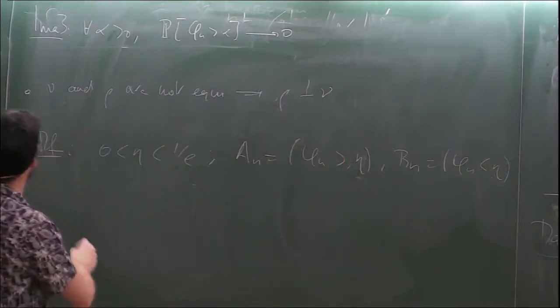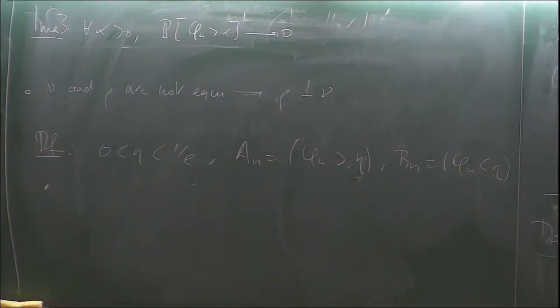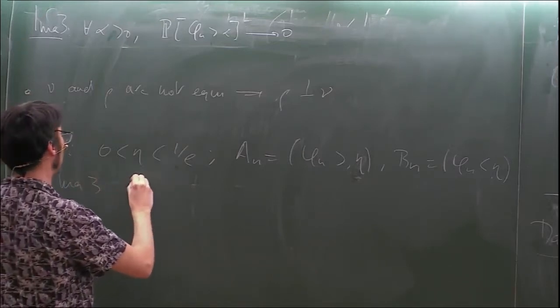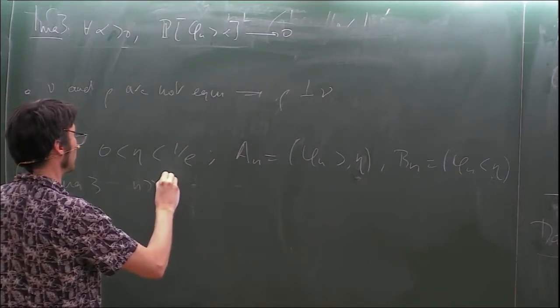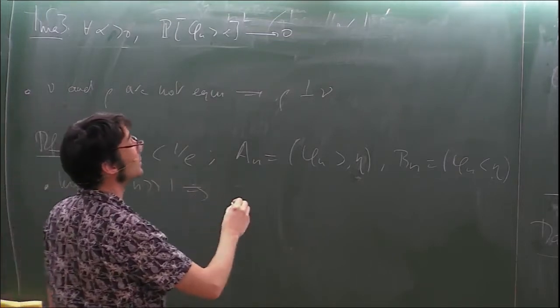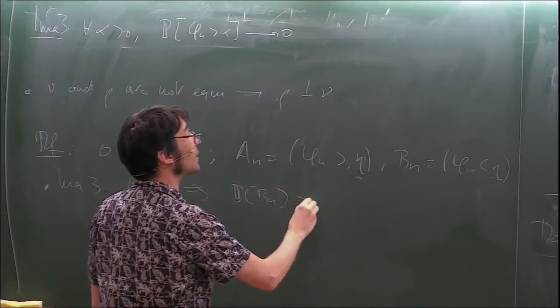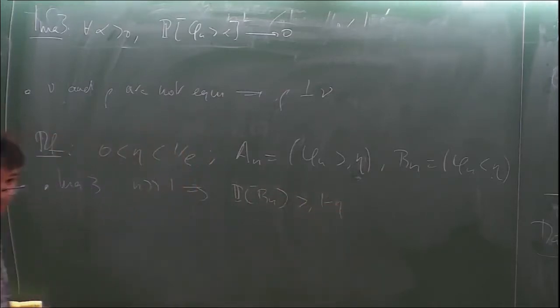Okay, so what I know from lemma 3 is that if n is large enough, then the probability of Bn is at least 1 minus eta, right? Because this is the probability thing.